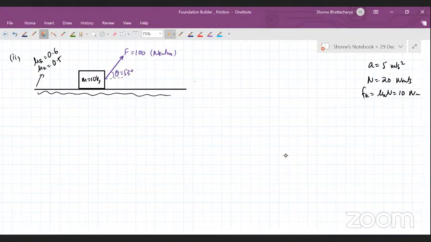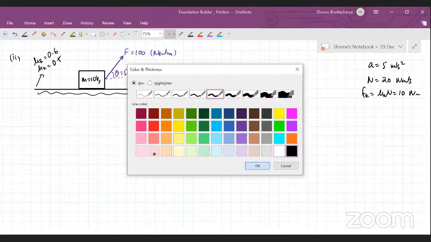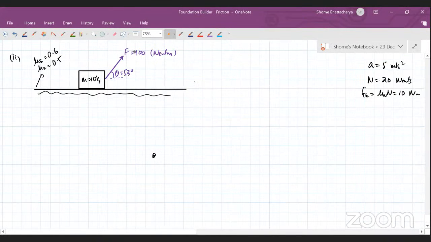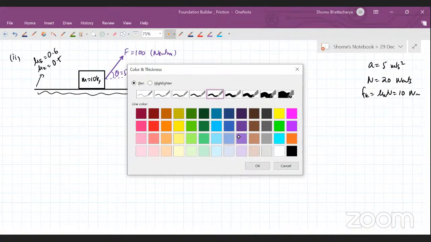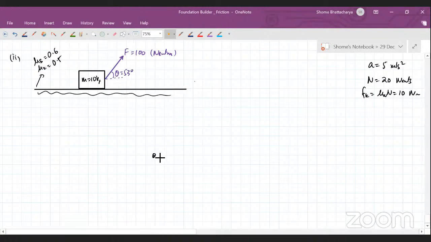When I make the free body diagram with these forces resolved and all shown, I'll be able to show that my components of the force F, the external force, are going to be: F cos theta this time will become 60 newtons, and F sin theta will become 80 newtons.